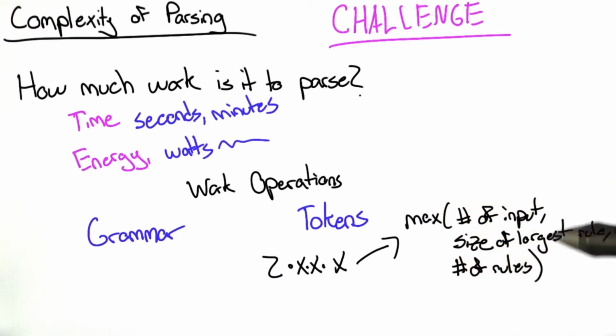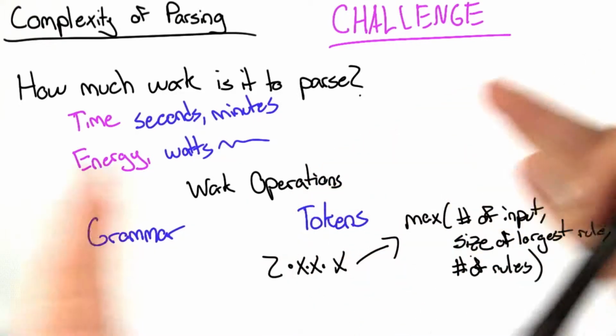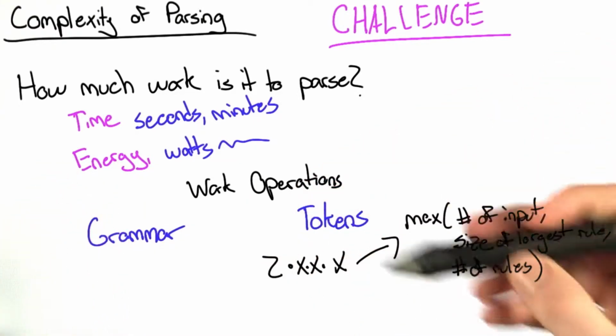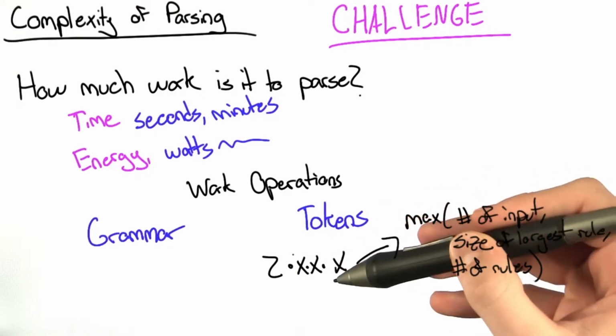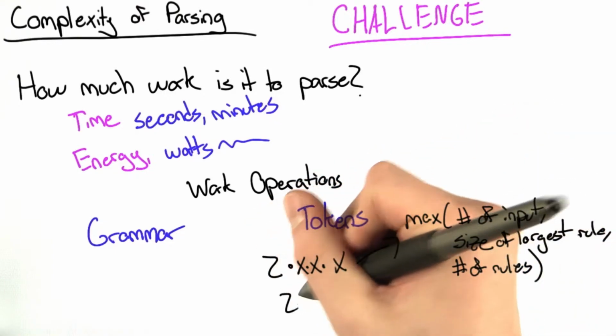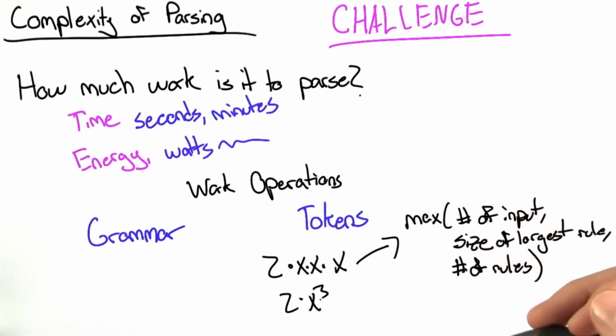So why is this definition special? It means that we can't just give a really long list of tokens and expect to reach 2 times what is essentially x cubed work operations.